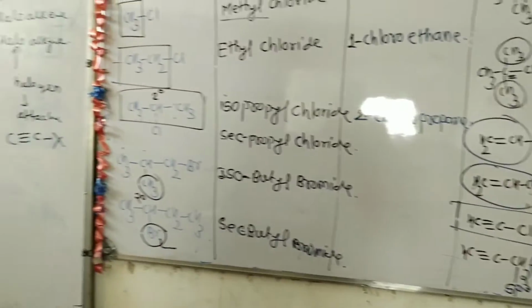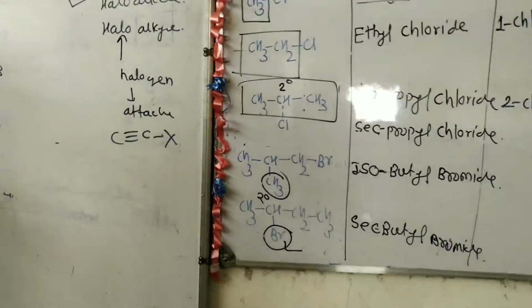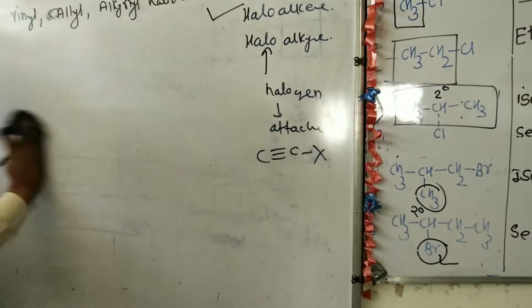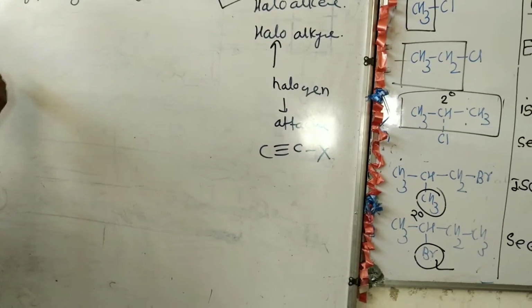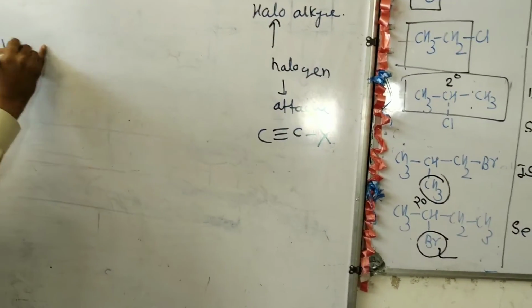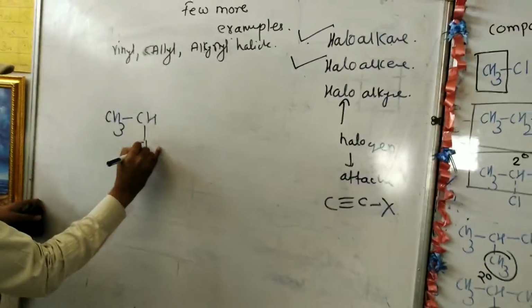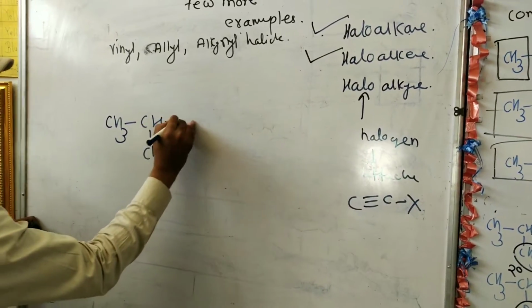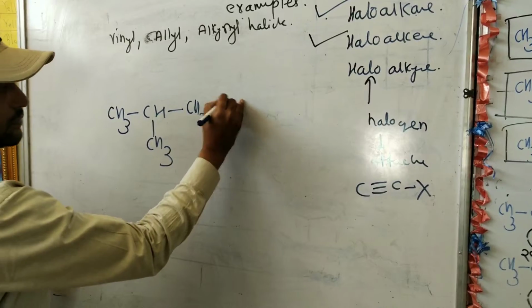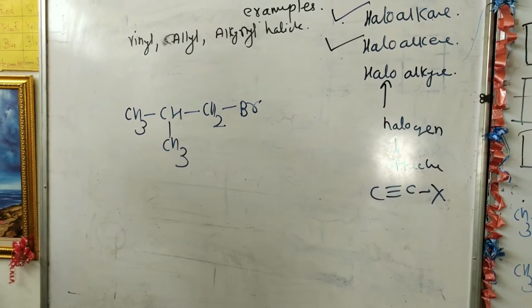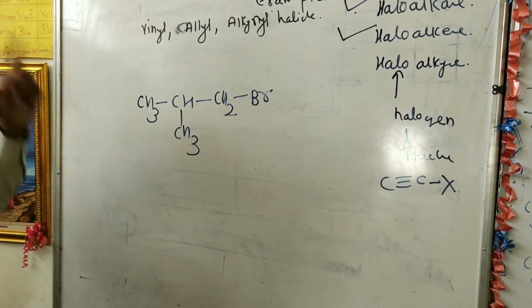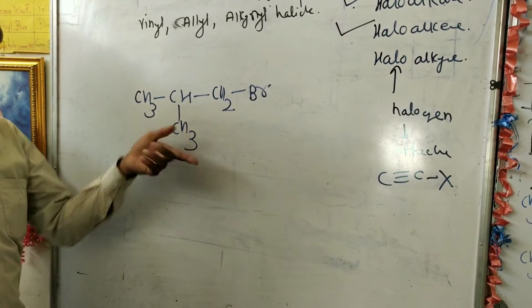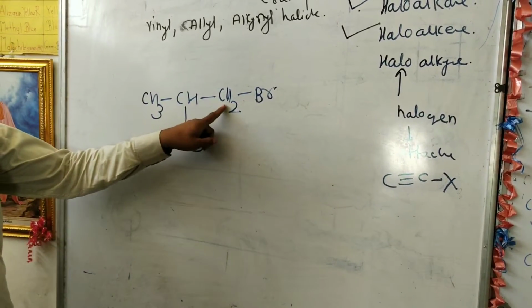This one. Isobutyl bromide. CH3, CH, CH3, CH2, Br. What is our rule? Select the longest chain from where the halogen is near. Or halogen is near here.